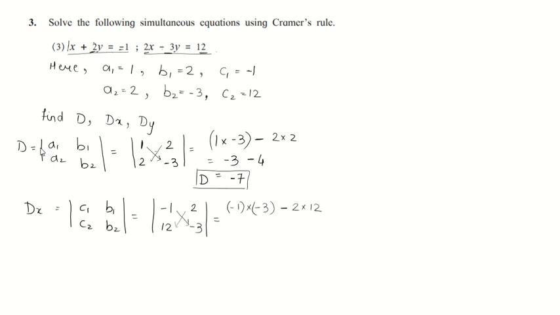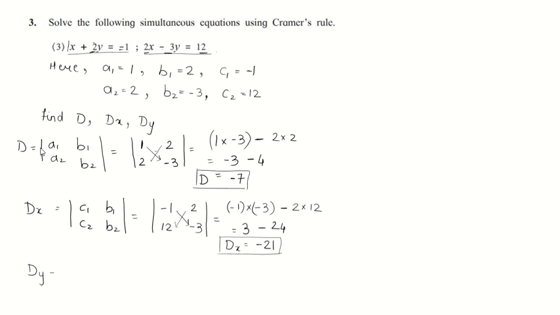Minus into minus, the sign will be positive, 1 into 3 is 3. This minus 2 into 12 is 24. So 24 minus 3 will be 21, sign of the bigger number minus, 21. So we got dx as minus 21.